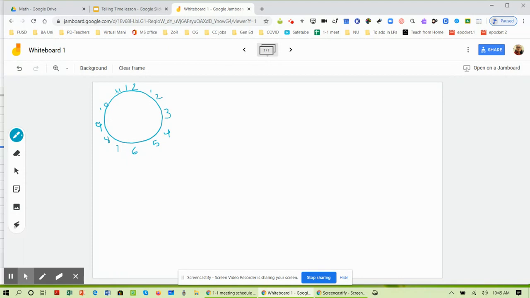Okay, so this is our clock face. And I also told you that there is a minute hand and an hour hand. But why did we stop at 12? When we started at 1, why do we stop at 12?